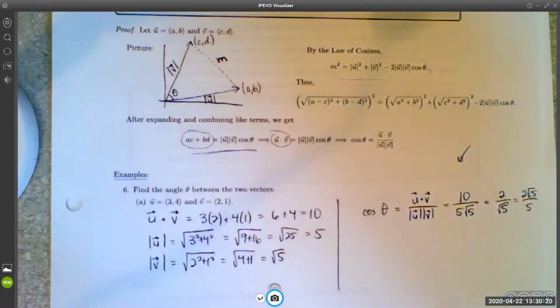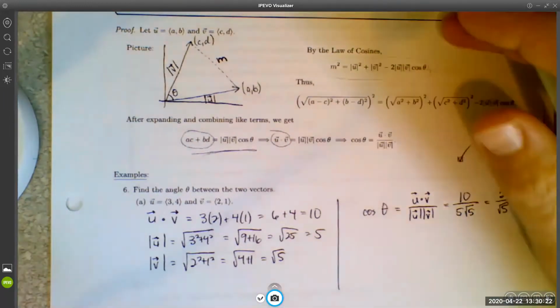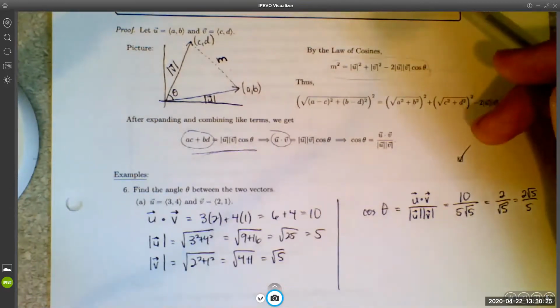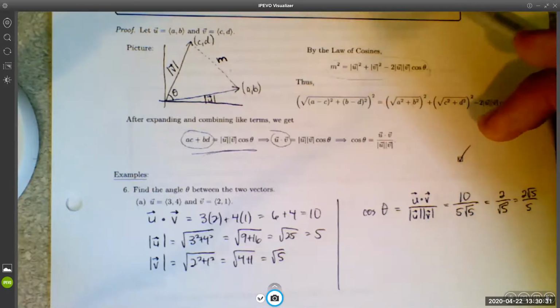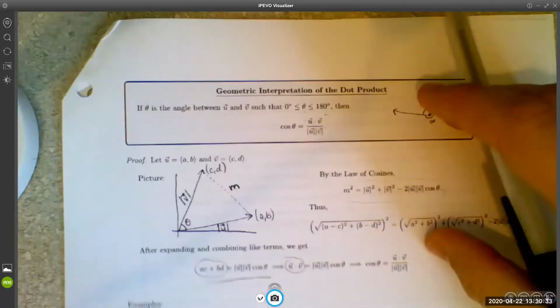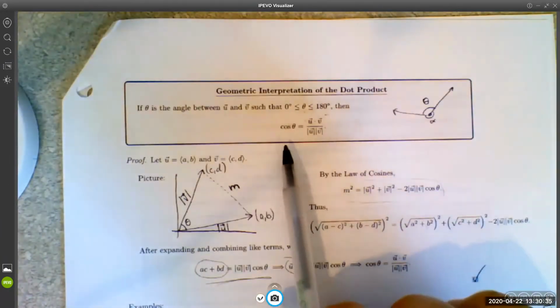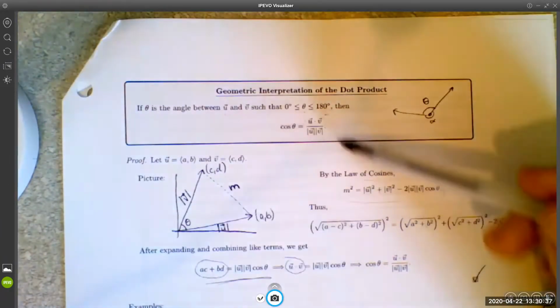Now, here's the nice thing about this. When we were finding the direction angle, we said you can't just say that the direction angle is always tangent inverse, and that's true. But if you're trying to find the angle between the vectors, then it is true that theta is always cosine inverse of this stuff.